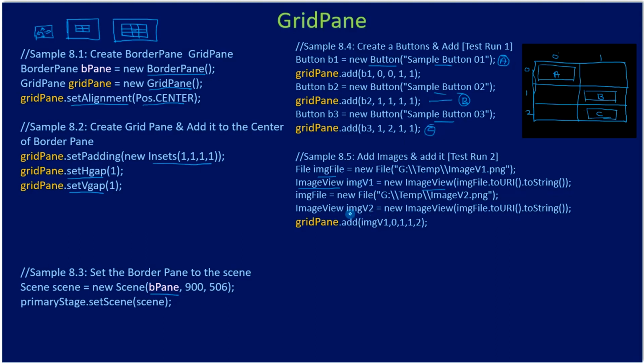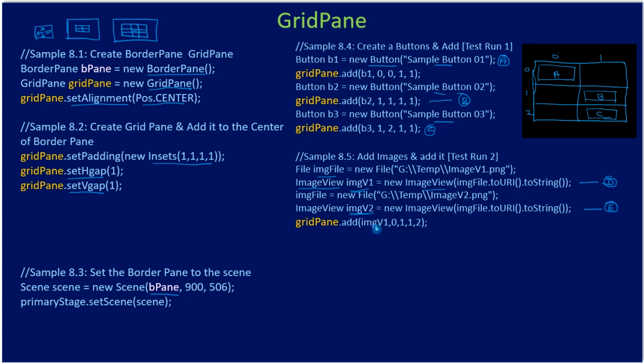The same way we create one more image view. There are 2 image views we are creating. Alright, now we will state this image v1 as D and image v2 as E.